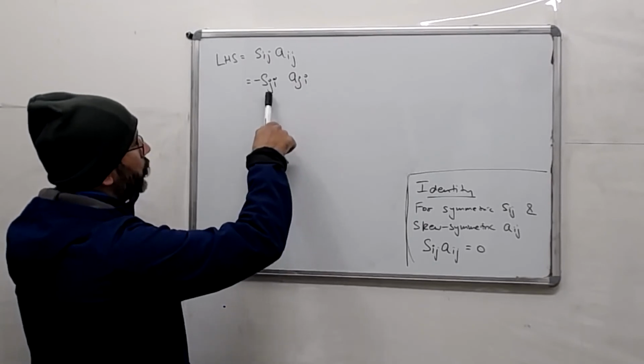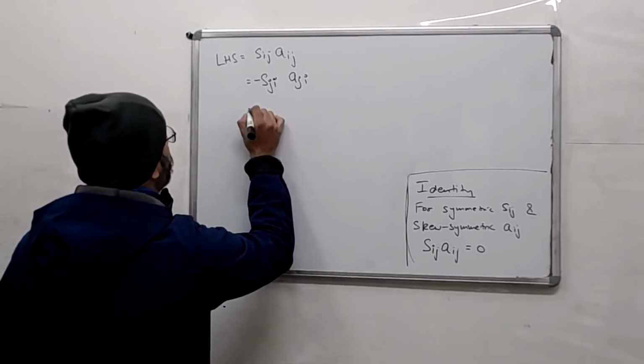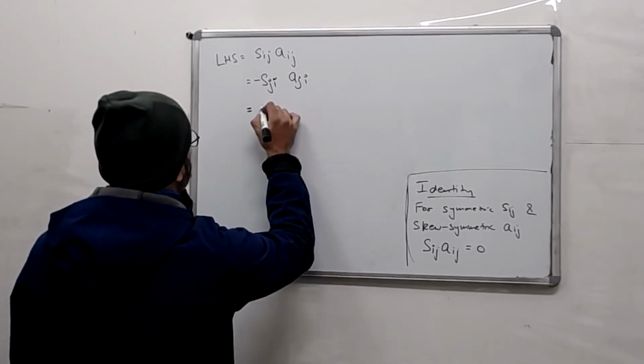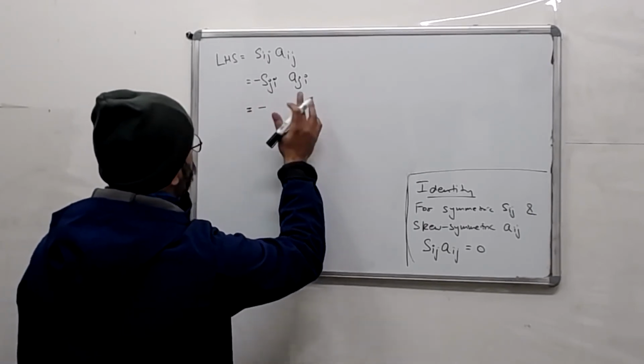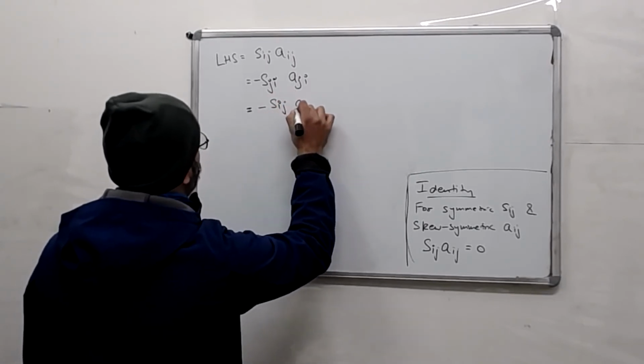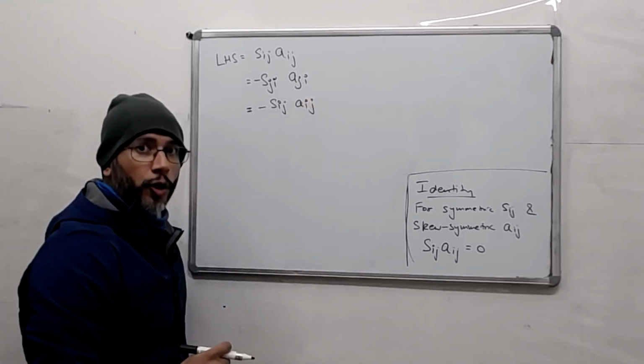Now j and i are both repeated indices, so, like I did two problems ago, I can replace j with i and i with j at the same time. So this becomes S_ij and this becomes A_ij. Completely allowed.